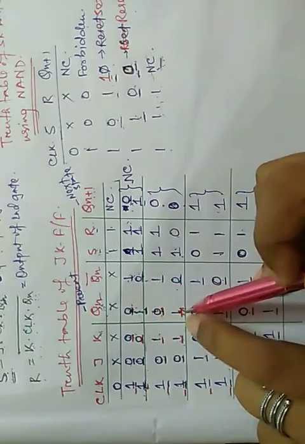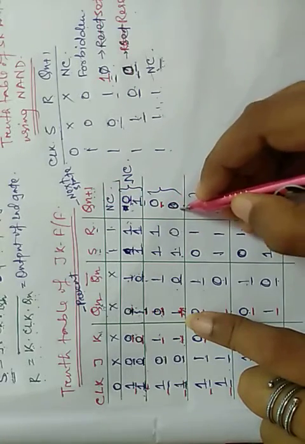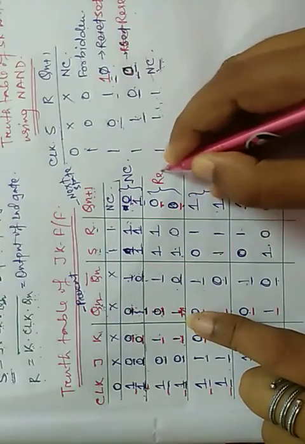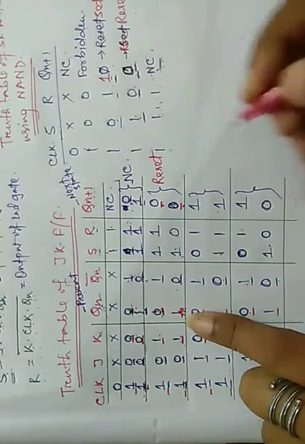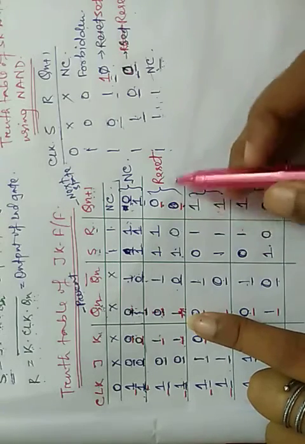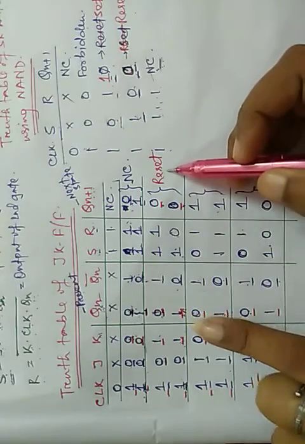So in both the cases Qn plus 1, that means the next state value, will be 0. So 0 means it is our reset state.